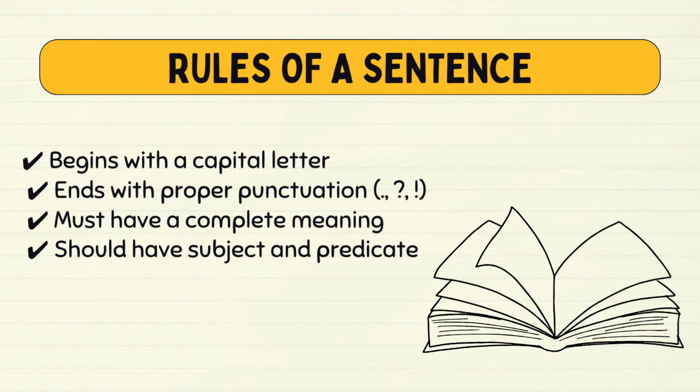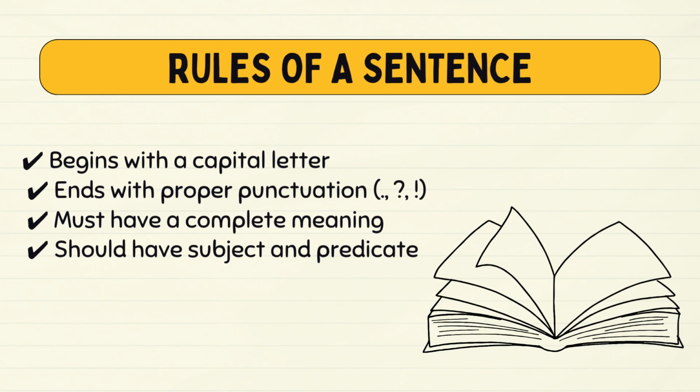Now, let's look at some important rules of a sentence. A sentence always begins with a capital letter. It ends with a proper punctuation mark like a full stop, question mark or exclamation mark.